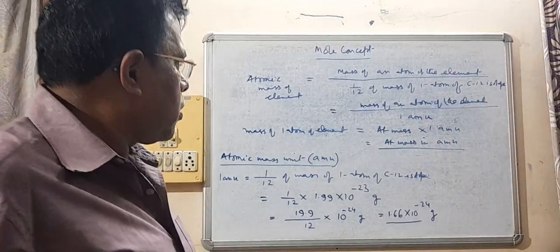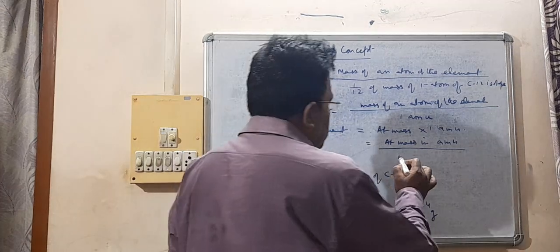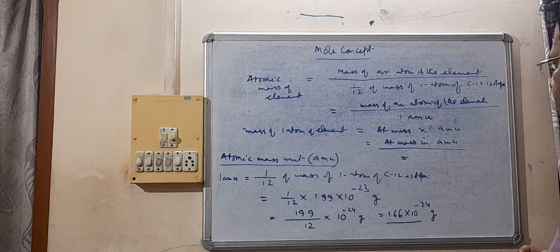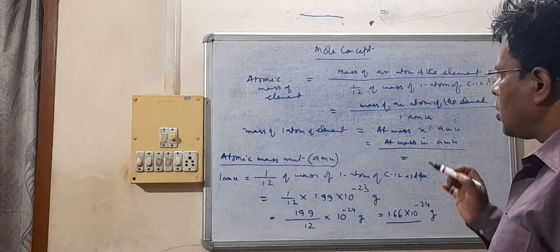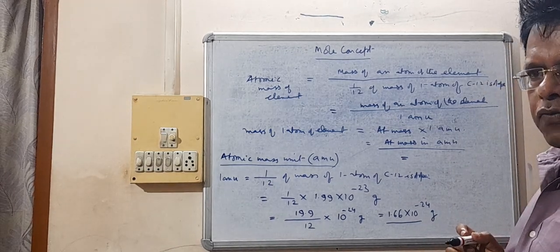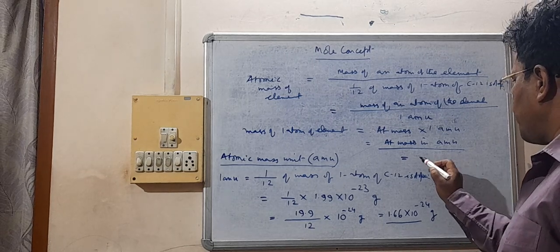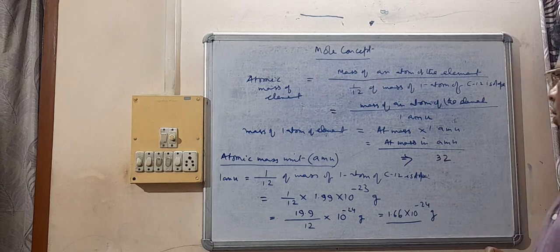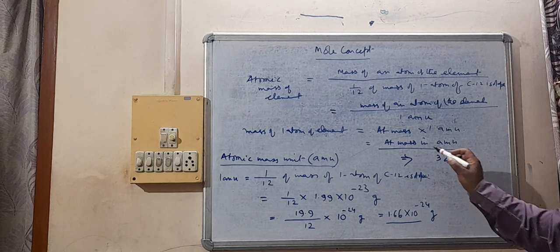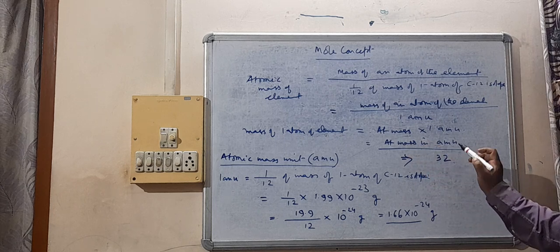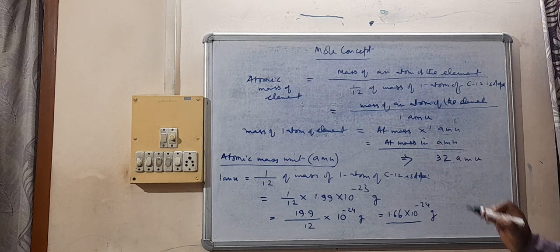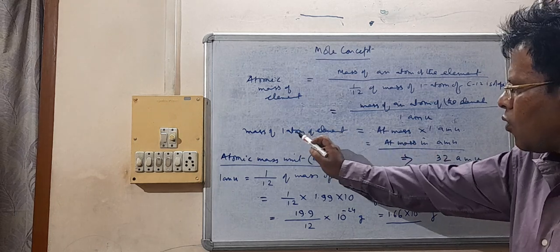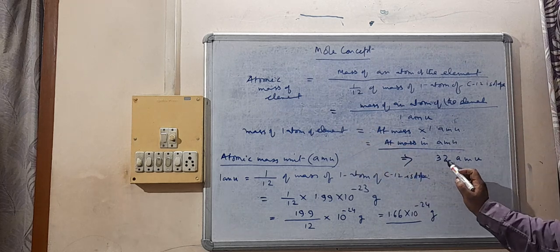Let me illustrate with this point. Suppose we know the atomic mass of sulfur is 32. Atomic mass of sulfur is 32. And if I write, like here it is atomic mass in AMU, if I write here 32 AMU, it actually means what? Mass of one atom of sulfur is equal to 32 AMU.